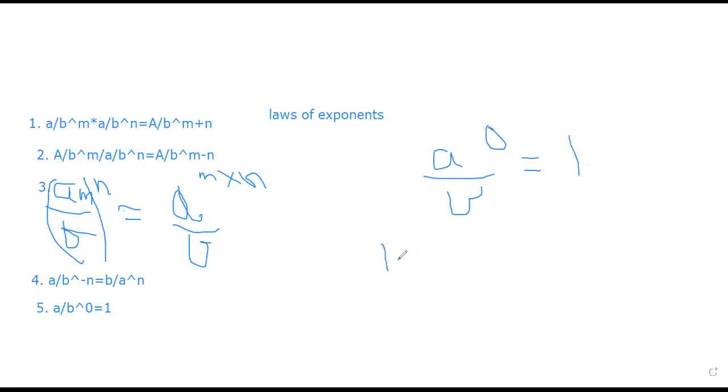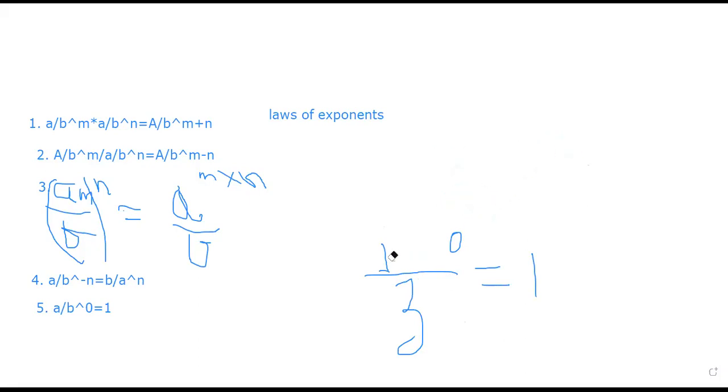Let's take any number, 10 by 3 as usual. 10 by 3 to the power 0 is nothing but 1. So for any number, if it is given in a 0 power form, the answer should always be 1. So we have come to the end of all these easy, simple, and important laws.